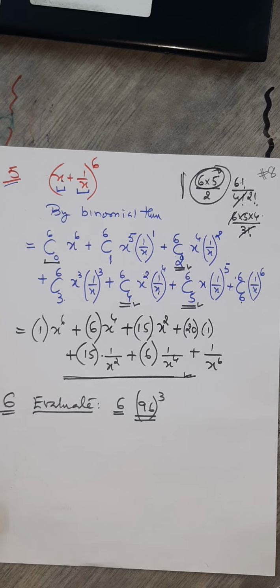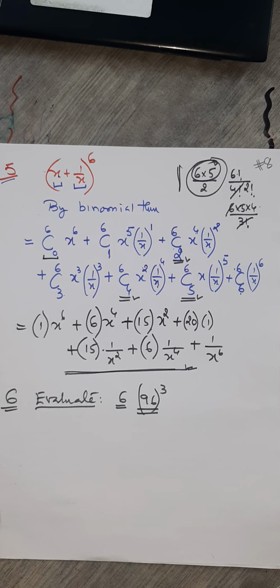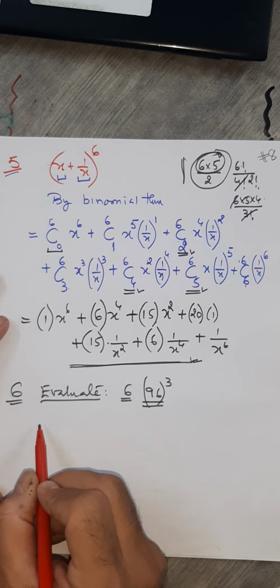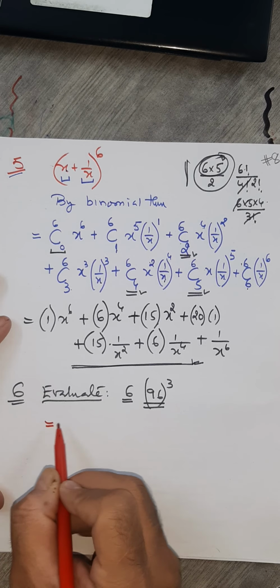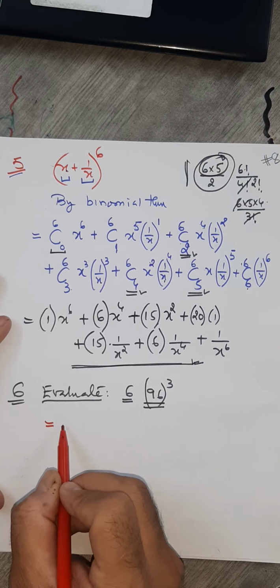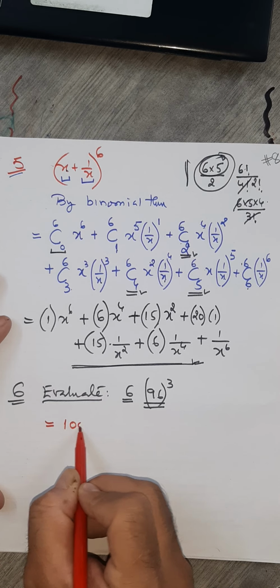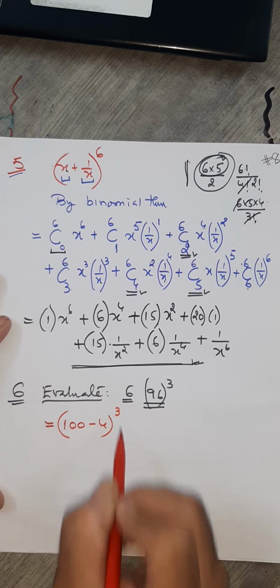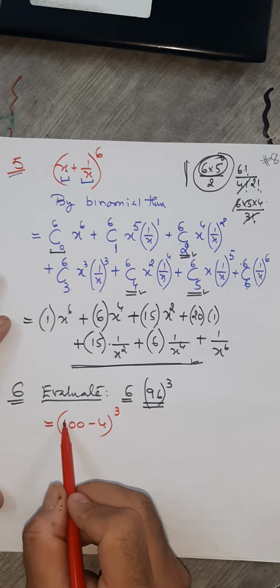Now one easiest way is you can just multiply 96 three times, but it is clearly written to use the binomial theorem, right? That's mentioned in the question. So what we do usually to make the calculation easier, the 96 we write as (100 minus 4) the whole cube.